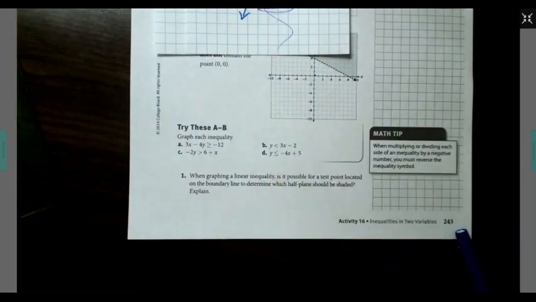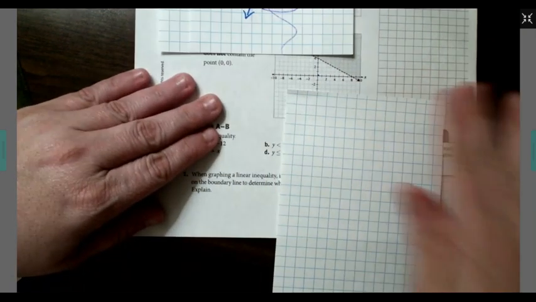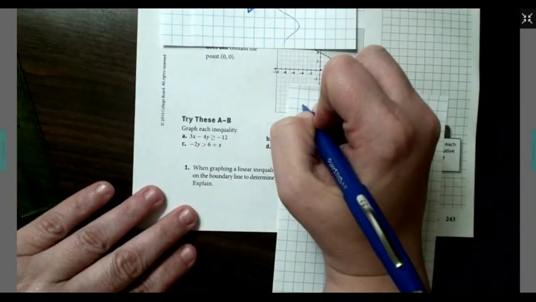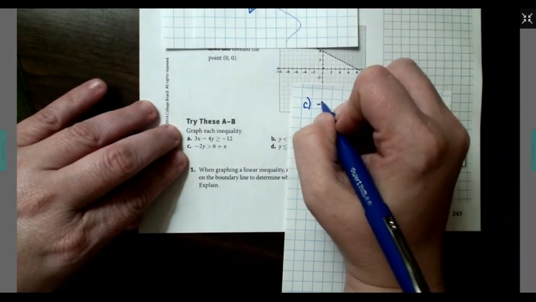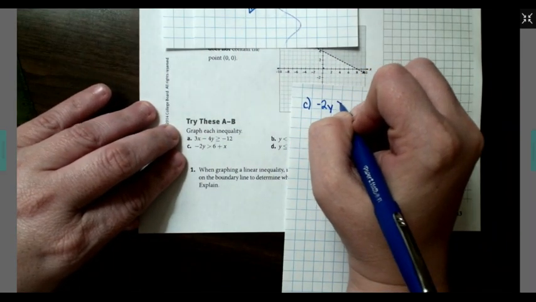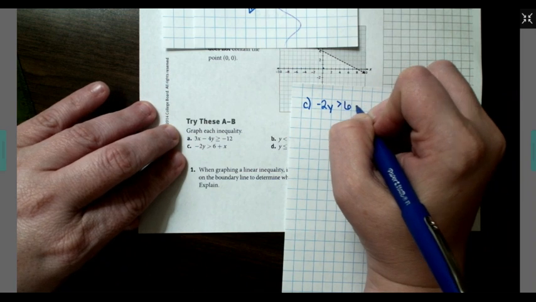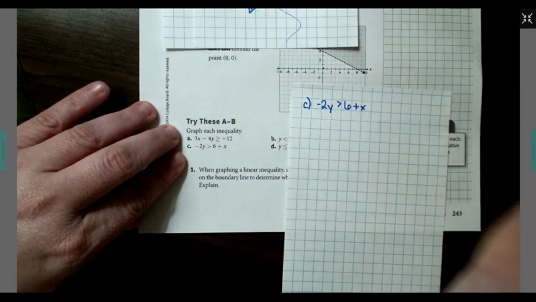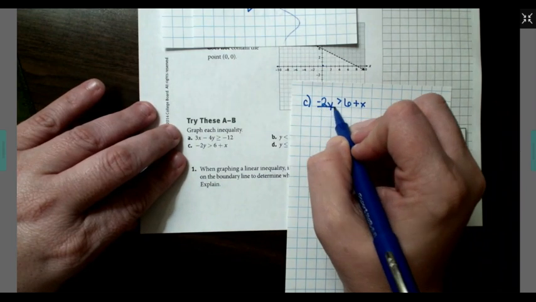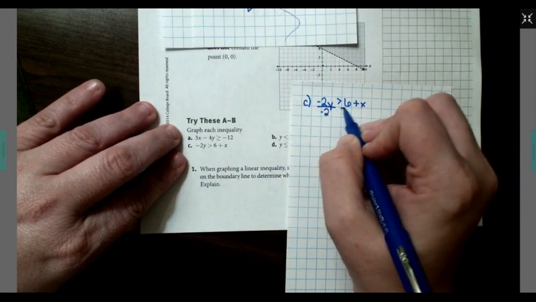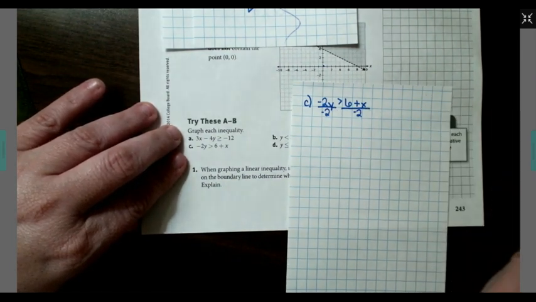C states -2y greater than 6 plus x. Well, x is already on that side, so all we've got to do is get rid of this -2 by dividing.